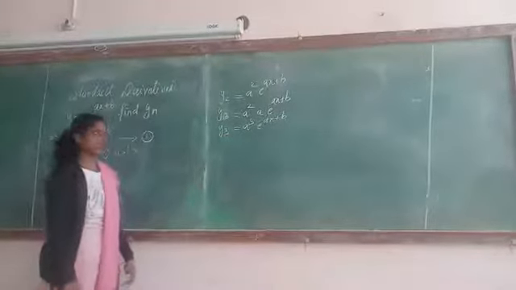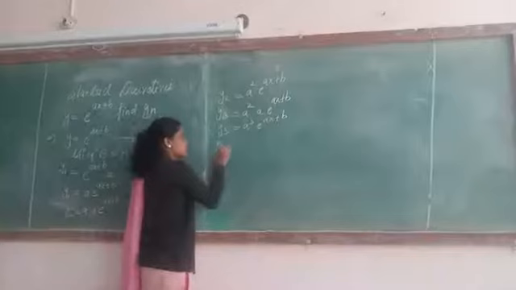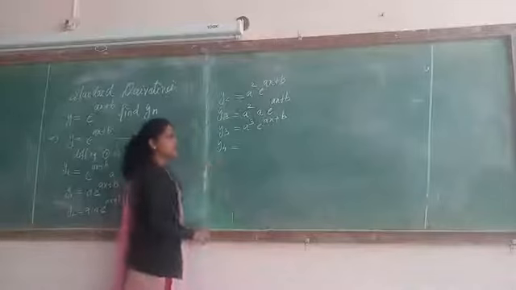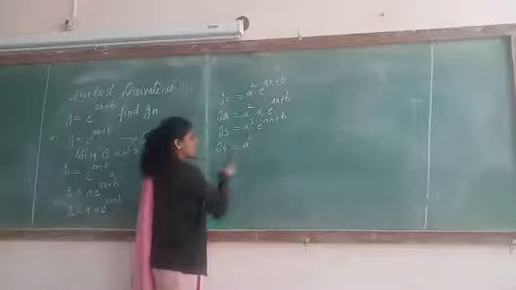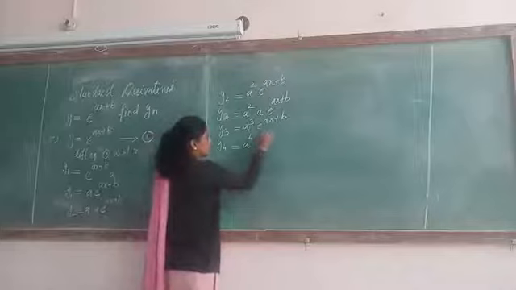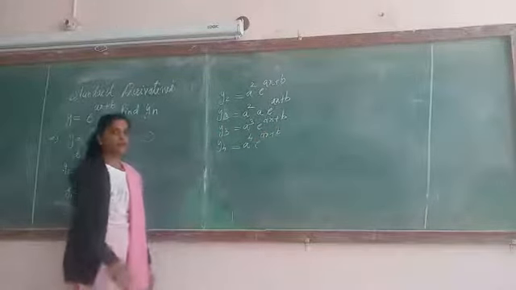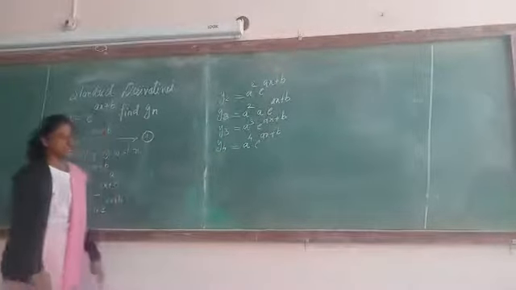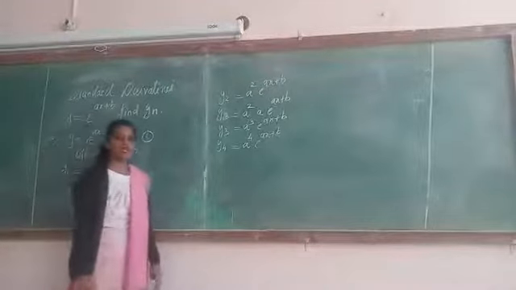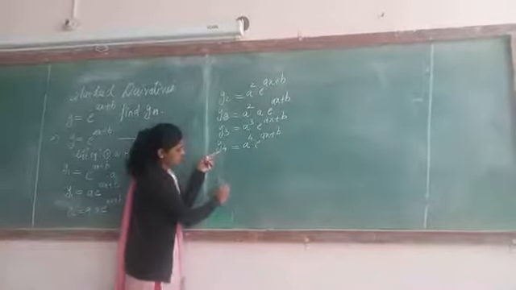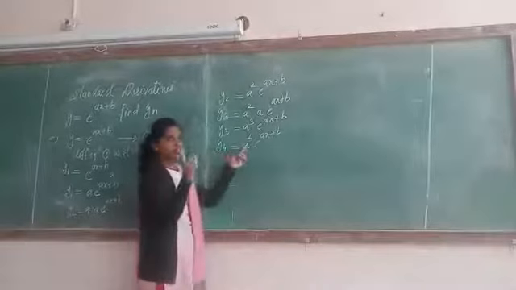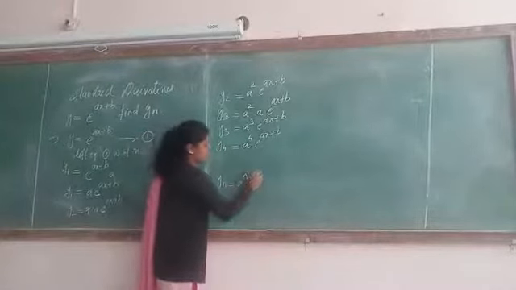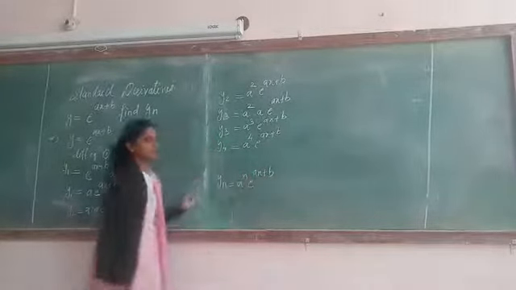Fourth order, y4, is again the coefficient multiplied, that is a to the power 4 e to the power ax plus b. So if we continue this way, we will get the nth order derivative: yn is equal to a to the power n into e to the power ax plus b, since a is multiplied n times.